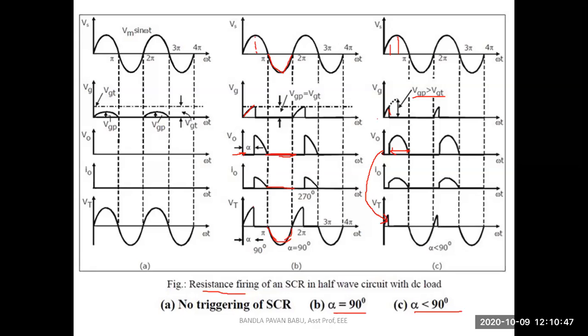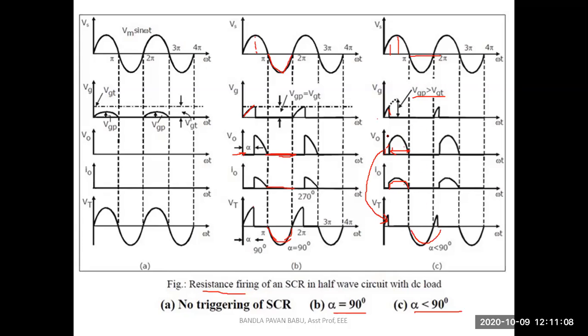So whatever waveform is missing here, you can see a small portion of the waveform is missing, that appears across the thyristor, and the current waveform follows the voltage waveform with a reduced magnitude. And again for the negative half cycle it will not conduct, so the negative half cycle is completely across the thyristor.